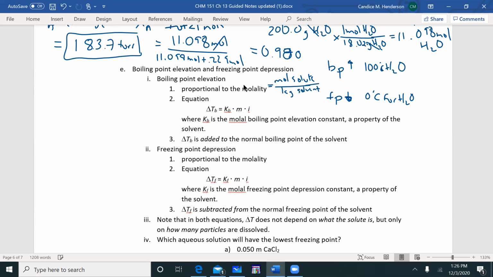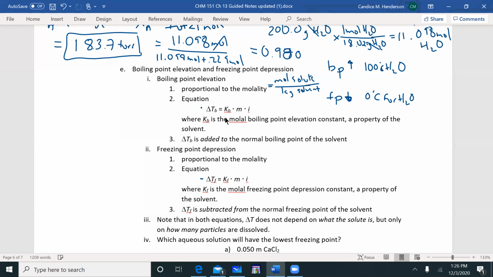So that's going to come back into play here. And these equations, this one is for the change in temperature of the boiling point. This is for the change in temperature of your freezing point. They're very similar to each other. They both have molality and they both have your i value. The difference is that there's a constant.